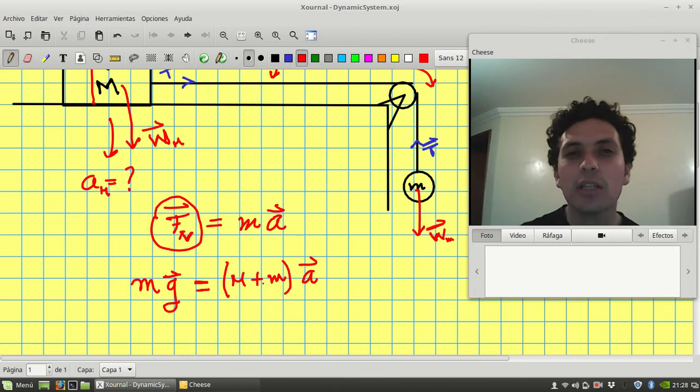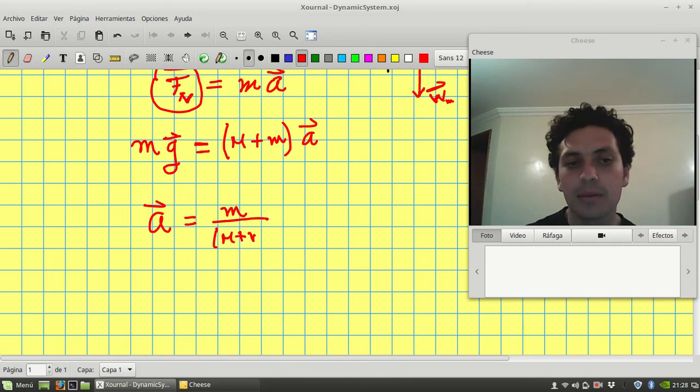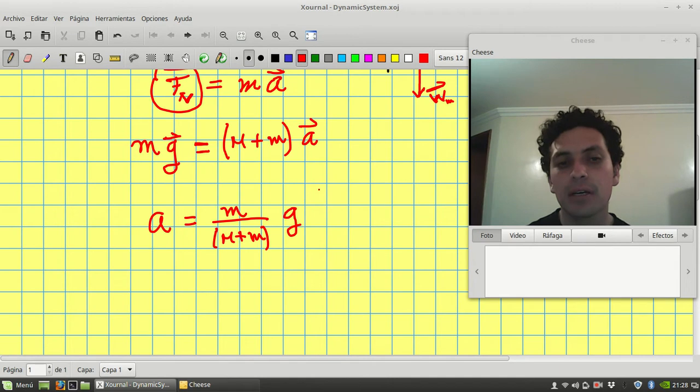You can notice that it is so simple now to determine the acceleration. The acceleration of the system is just going to be small m over the sum of the masses, times the gravity acceleration. As we're using just one direction, we can take away the vector sign, and then we have the acceleration of the system.